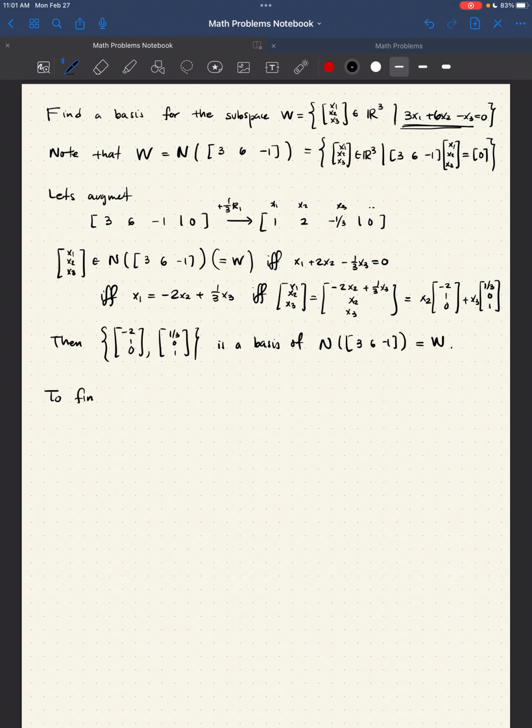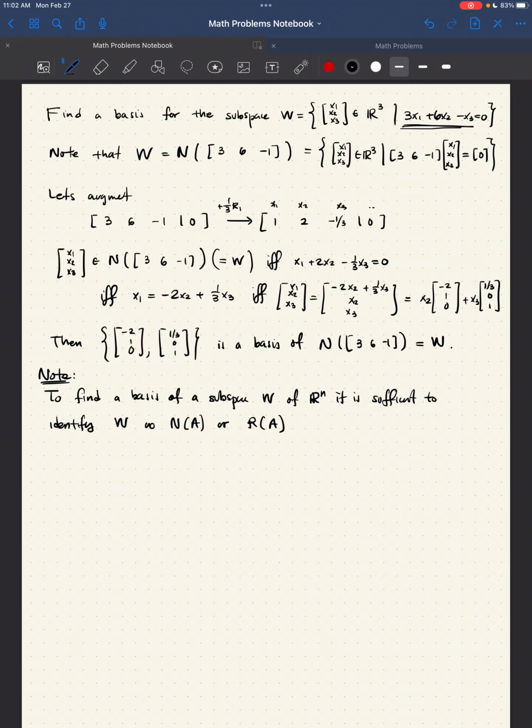A small note here: to find a basis of a subspace W of Rn, it is sufficient to identify W as the null space of a matrix or the range of a matrix.